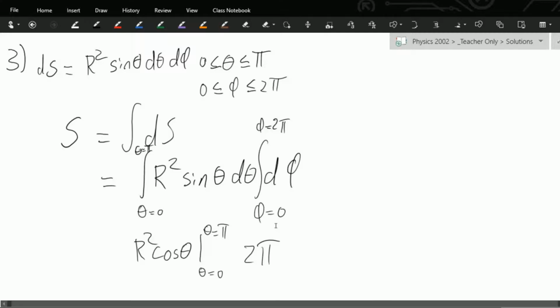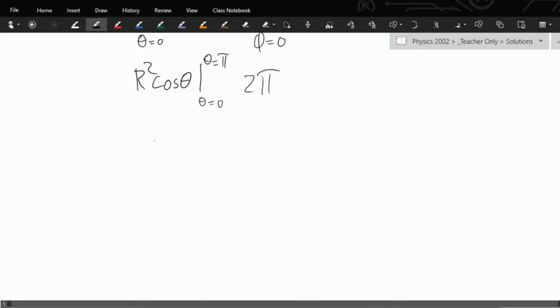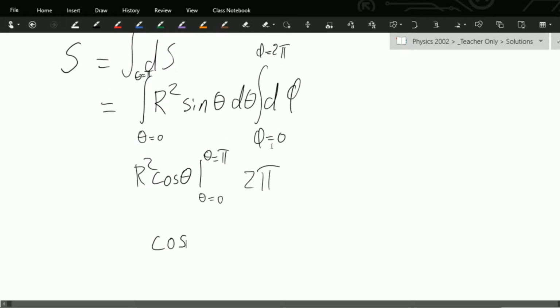Okay. Now, looking at this cosine of theta evaluated from 0 to pi, I lost a negative sign here. There should be a negative sign here. So we have a minus cosine of pi. Sorry. I need to play with this because I don't know what these integrals are offhand, but I know what the answer is.